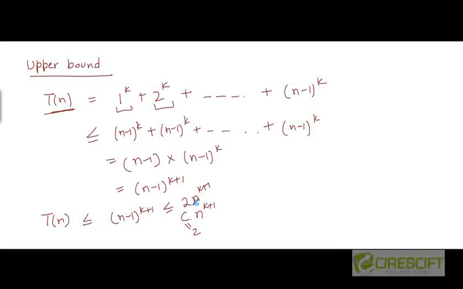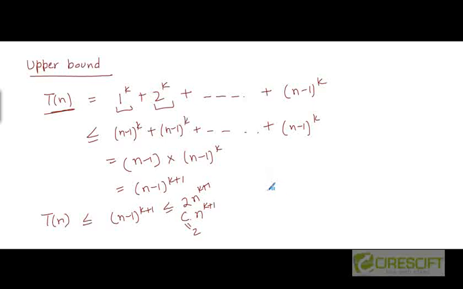When you take it on the right hand side, 2 times n to the power k plus 1 minus n to the power k plus 1 will be just n to the power k plus 1. And we can easily show that n to the power k plus 1 will be greater than or equal to a polynomial where the terms are purely of the form n to the power k minus 1 and so on. Basically, the powers of n will all have degrees less than k plus 1. So clearly, this inequality is going to be valid.